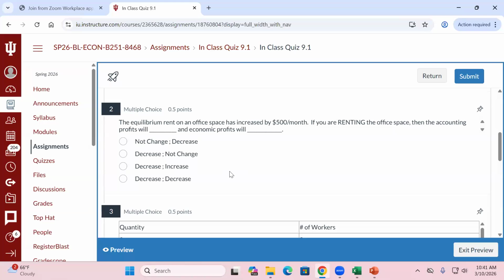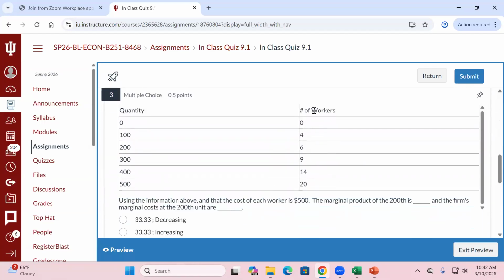So in this case, both economic and accounting profits would go down. The only thing that changes economic profits but not accounting profits is changes in implicit costs. Okay. So here, if I have to rent the space, rent is my explicit cost, and it would decrease both types of profits. Okay. Any questions on that one before we keep moving?